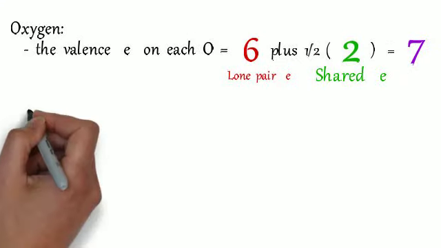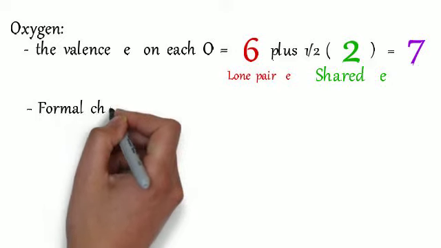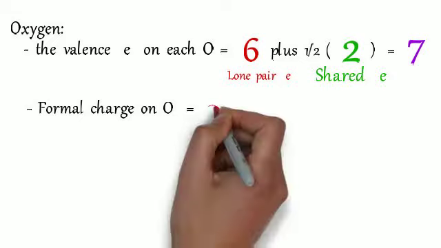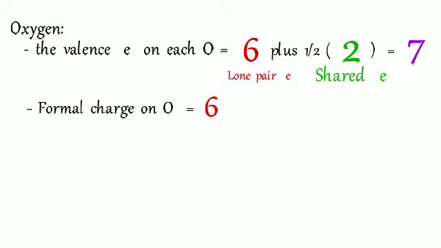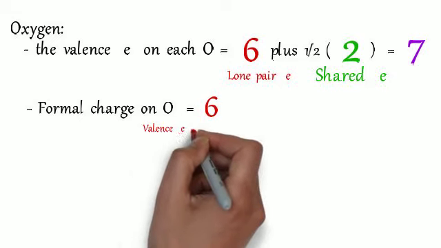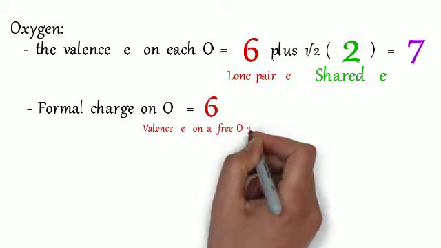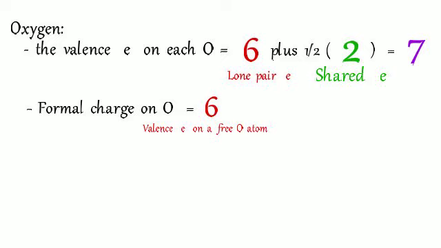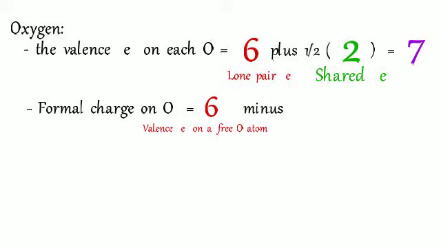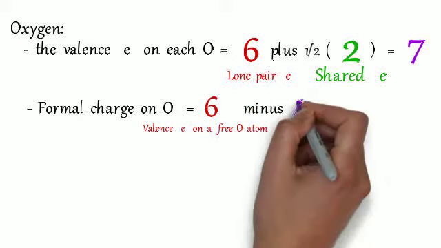That's the first step. Second step is the formal charge on the oxygen. For this one, 6 is referring to the valence electrons on a free oxygen atom, just from the periodic table. It has 6 valence electrons, minus what you just got up there, that's 7.